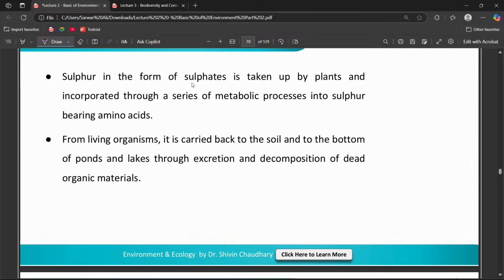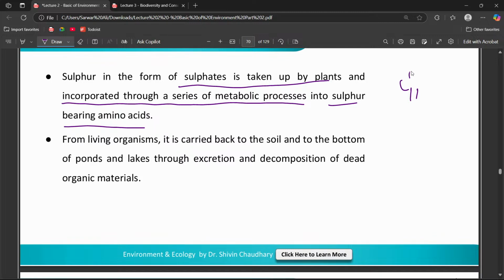Sulfur in the form of sulfates is taken up by plants and incorporated through a series of metabolic processes into sulfur bearing amino acids. So let's say this is a plant, it is taking up sulfates, and through a series of metabolic processes it converts them into sulfur bearing amino acids.